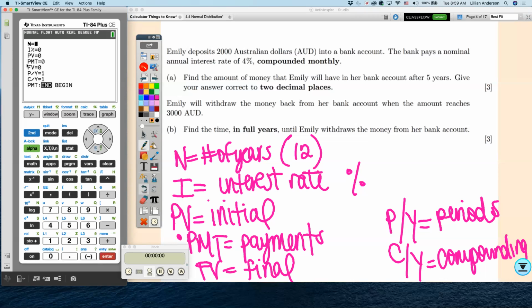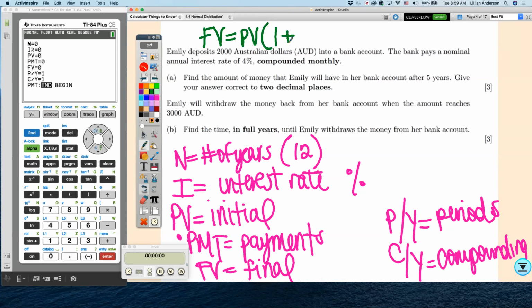There is a formula in your reference booklet that can be used for these types of problems. FV equals PV times (1 plus R over K times 100) to the KT. Was it K or N? Instead of T? Okay.